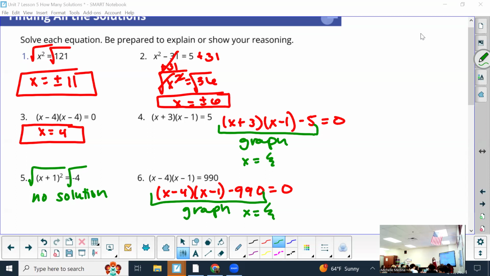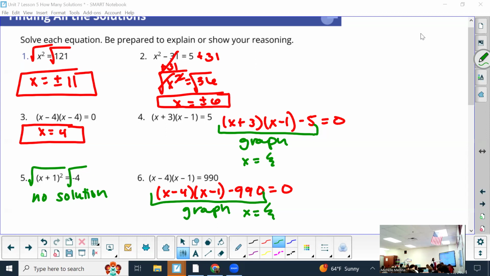For number 3, I also did not need to graph that one because it was equal to 0 in factor form. I just have to think what number needs to make each parenthesis 0. So 4 minus 4 would make that 0. And they're the same exact parentheses, so just one solution there.